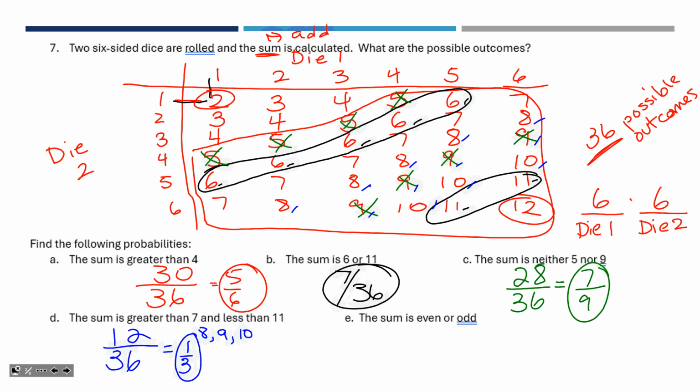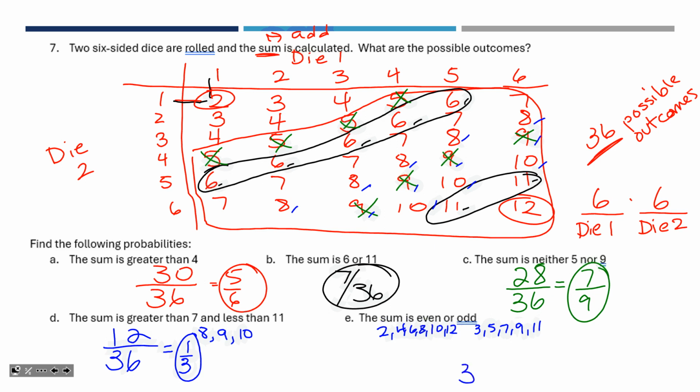Okay, the sum is even or odd. All right, well, let's think about this. Even or odd, well, 2, 4, 6, 8, 10, 12, those are the evens, right? The odds are 3, 5, 7, 9, 11. That's every number up there.